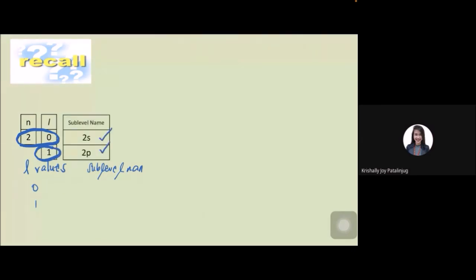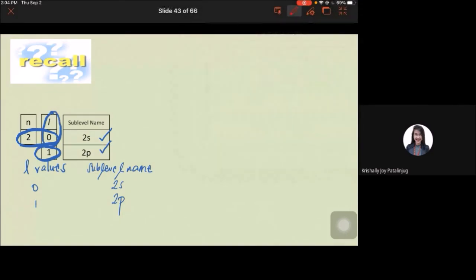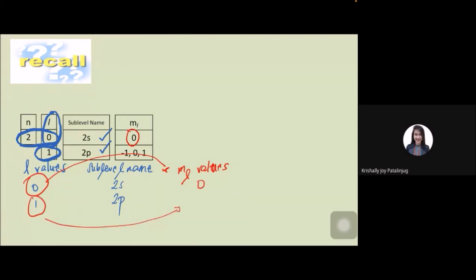What about the m sub L values when L is 0? That is 0 only. If L is 1, then negative 1, 0, positive 1.